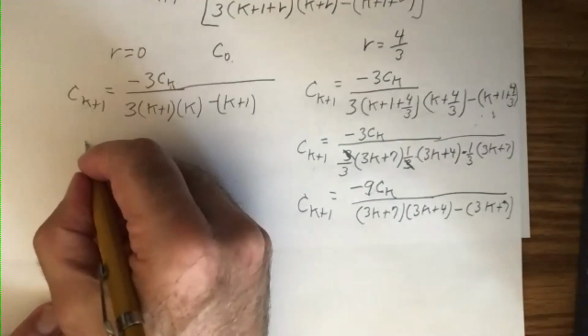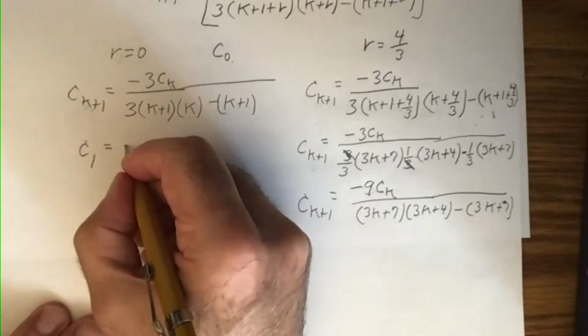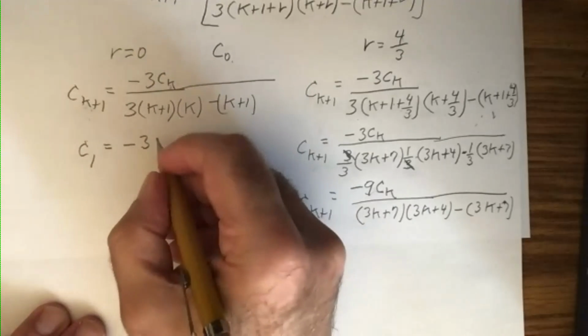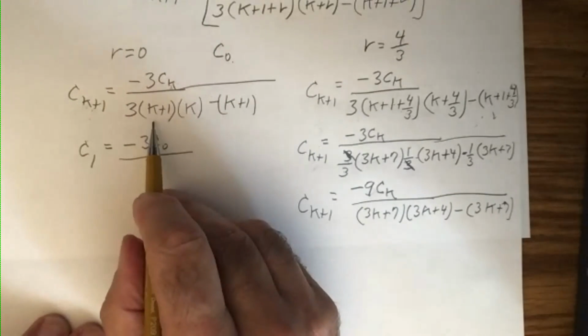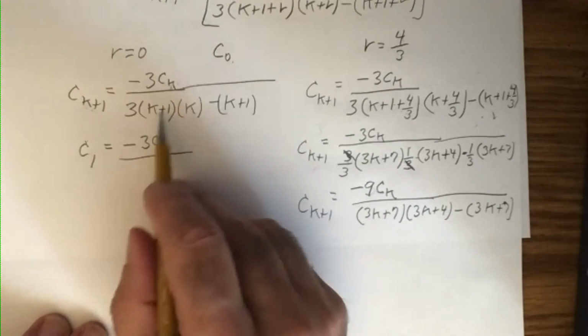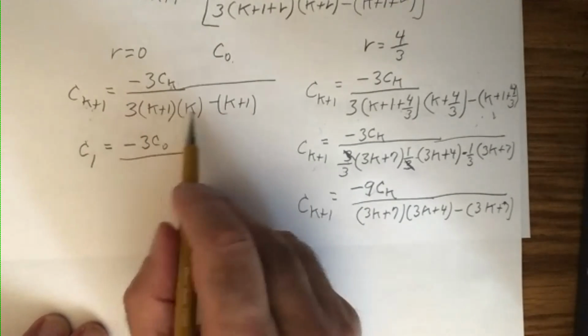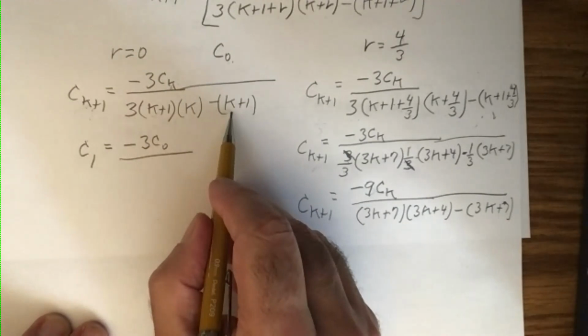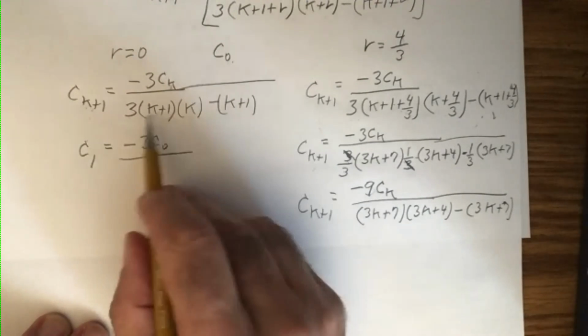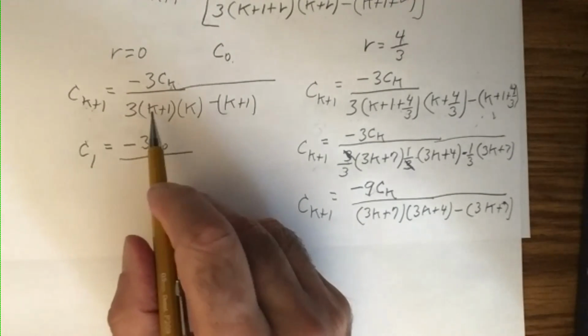So let's see. So that means that C1 is going to be equal to -3 C0. Well, let's see, when I put, what am I going to get here? When this is 0, this is going to be 0, right? And this is going to be, yeah, this is 0. Hold on a second.